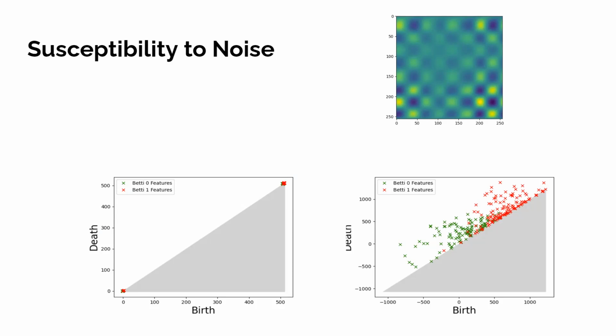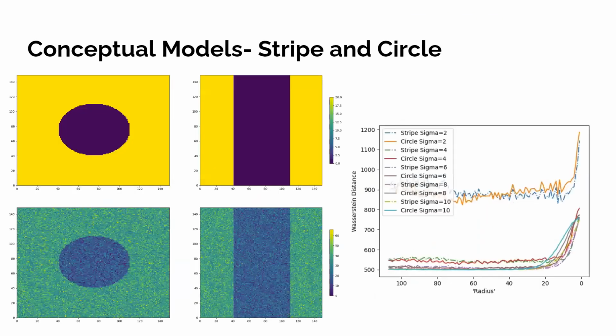So where does that put the work that I'm doing? We're looking at conceptual models. Here we're looking specifically at when we see a breakdown, essentially when the noise covers up the features that we see.